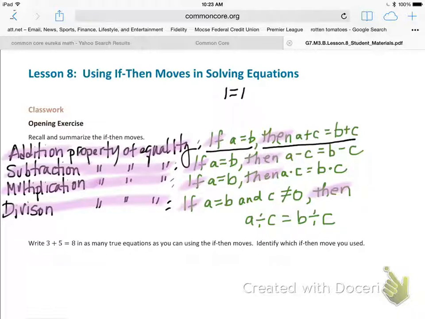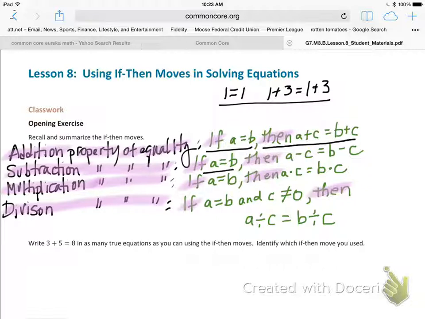And if C is 3, then 1 plus 3 is going to be the same as 1 plus 3. I think it's kind of straightforward, almost to the point of being silly, but we'll see how this plays out in this and future lessons.